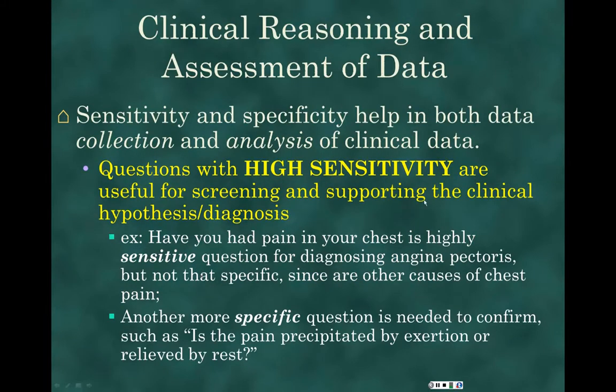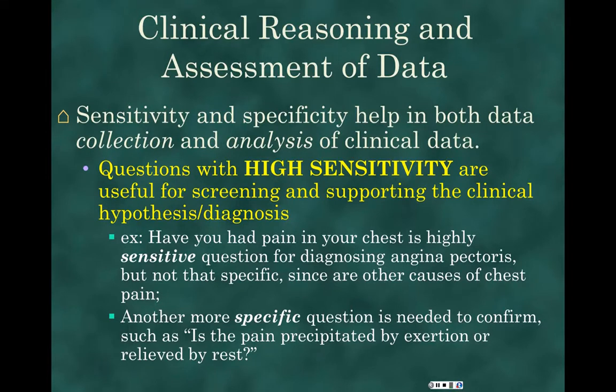Sensitivity and specificity help in both data collection and analysis of clinical data. In our history and review of systems, we're also asking highly sensitive and specific questions. Questions with high sensitivity are useful for screening and supporting the clinical diagnosis.